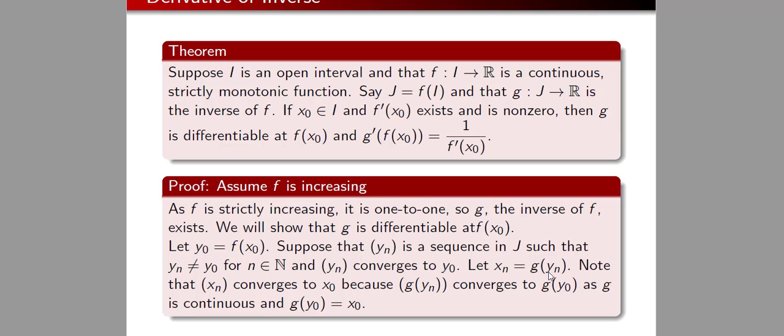If x naught is in I and f prime of x naught exists and is non-zero, then g is differentiable at f of x naught and g prime of f of x naught is equal to 1 over f prime of x naught.